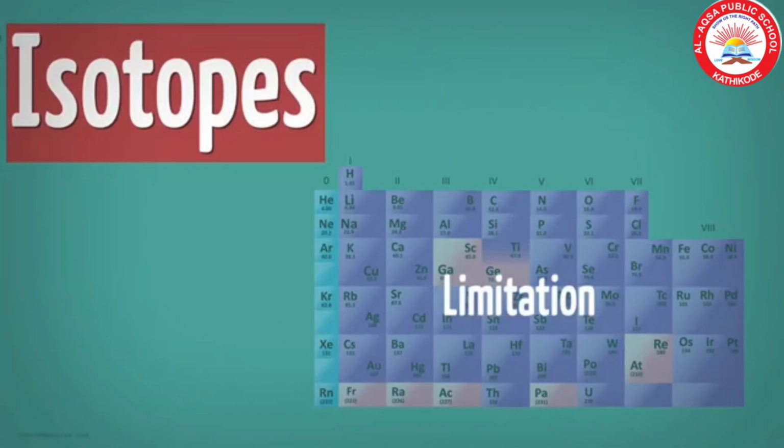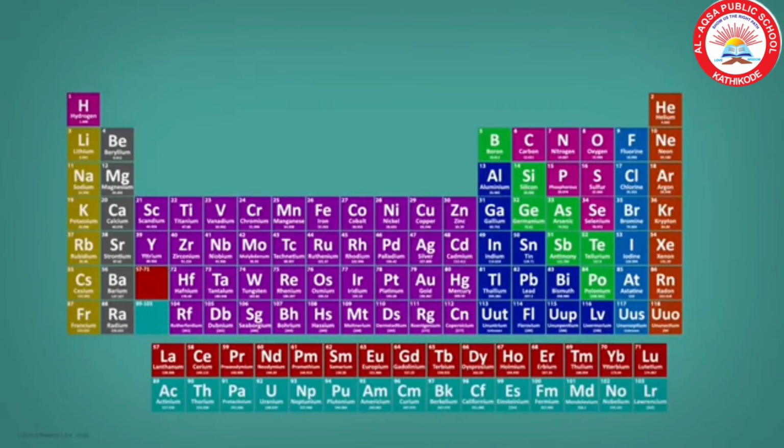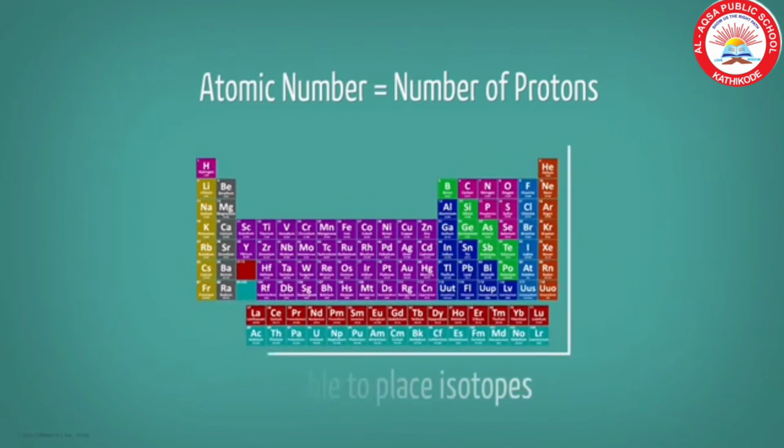We know that this modern periodic table is based on atomic number, not based on atomic masses. So atomic number means number of protons. There is no importance for number of neutrons.